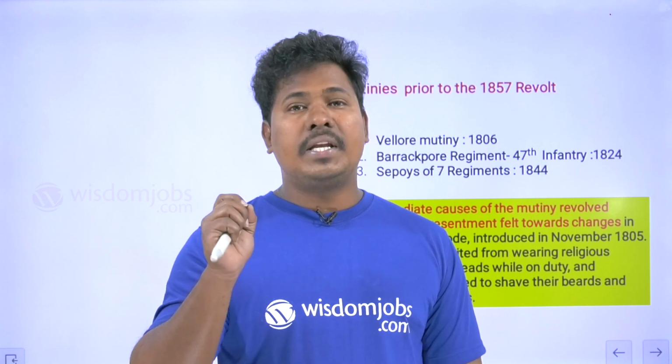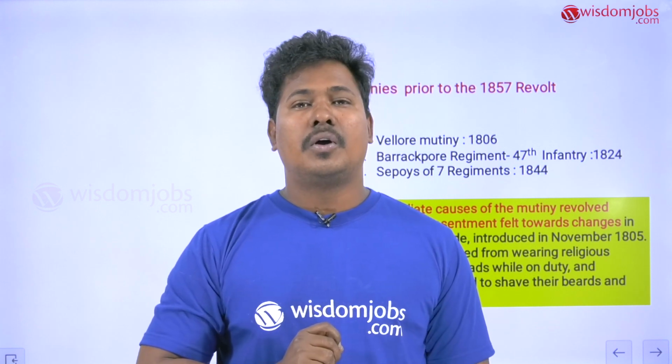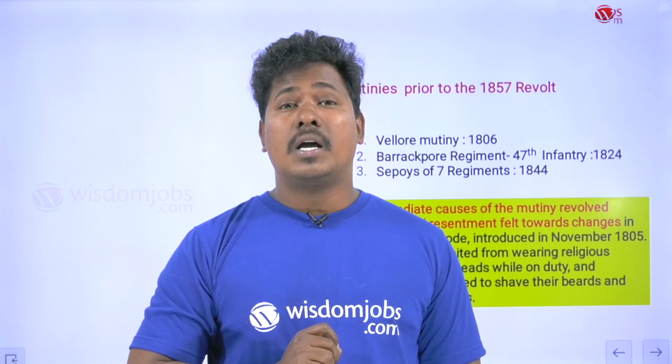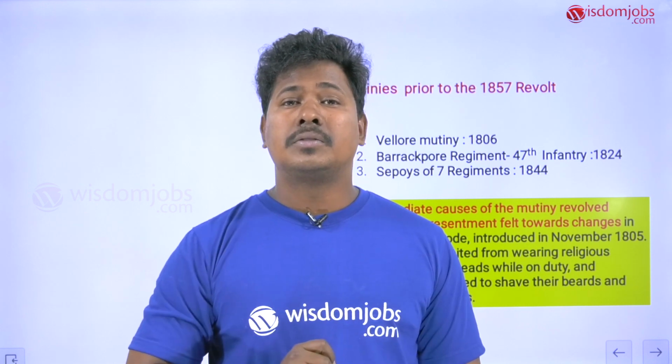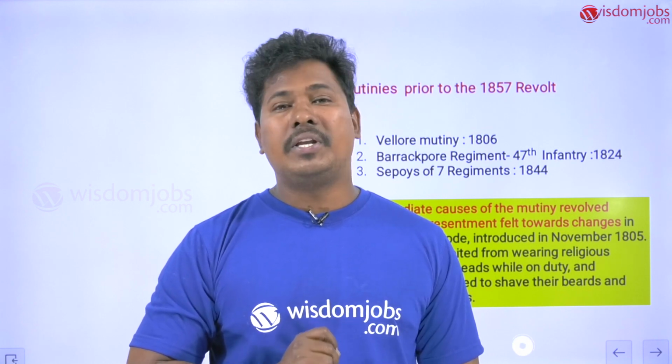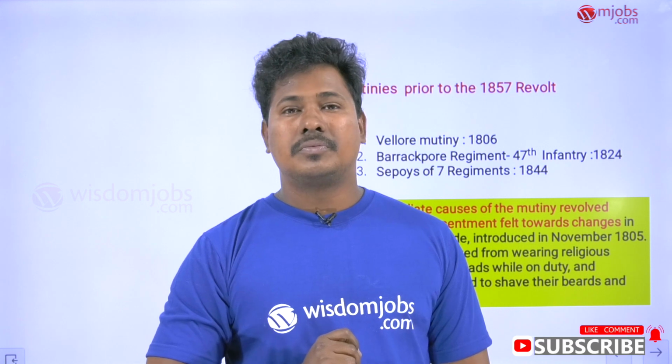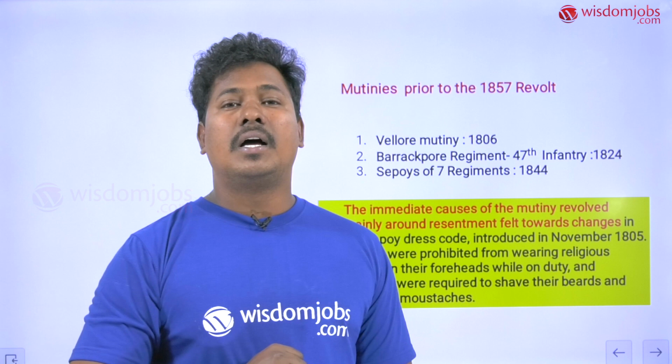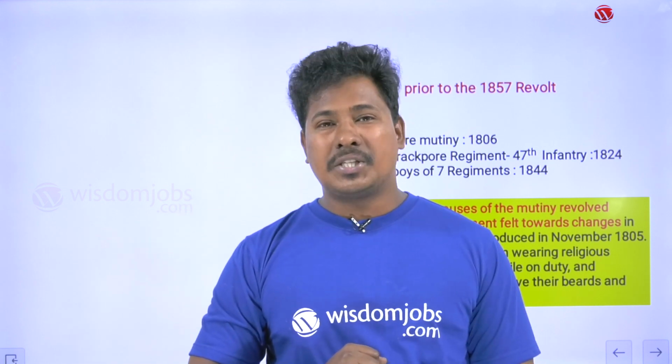The first mutiny in the history of India was the Vellore mutiny in the year 1806, during the time of Governor General George Barlow. It started at Vellore, and Sipais initiated this mutiny against the racial discrimination of British soldiers.